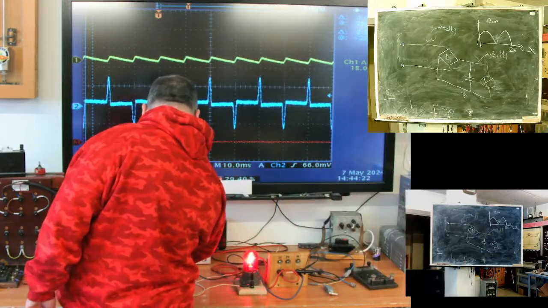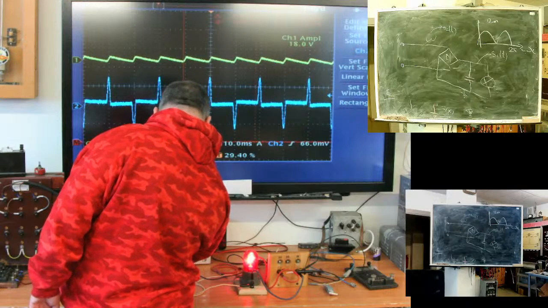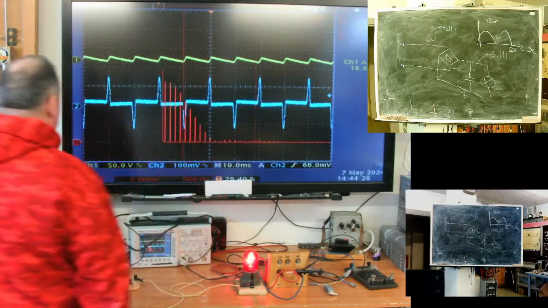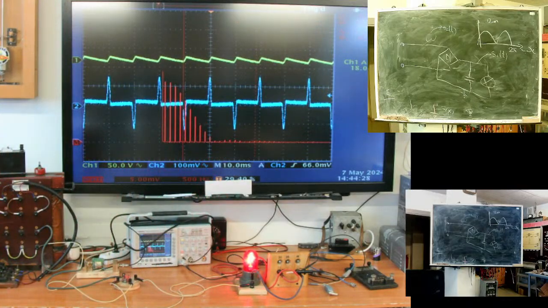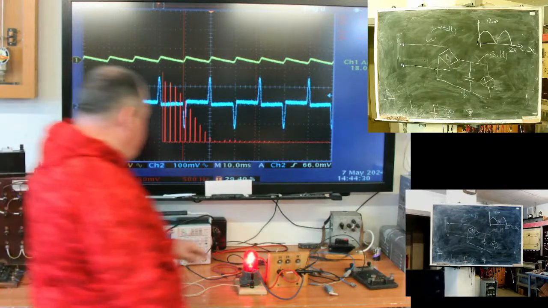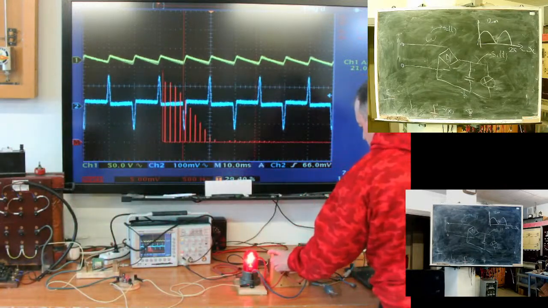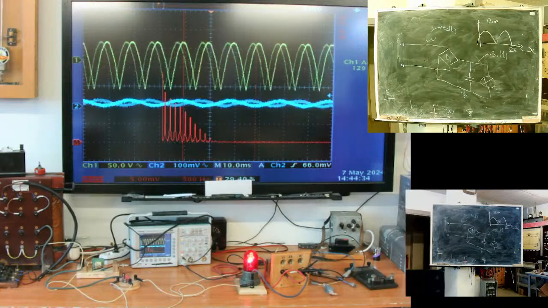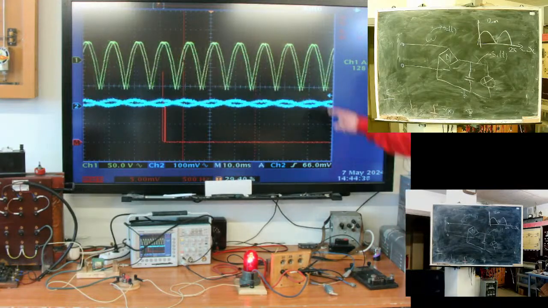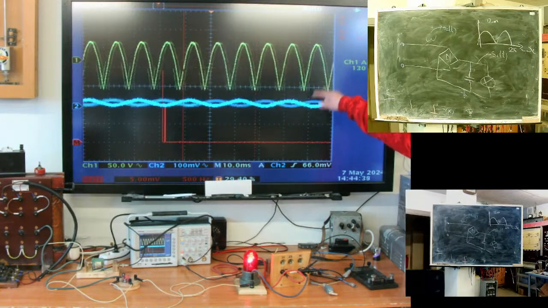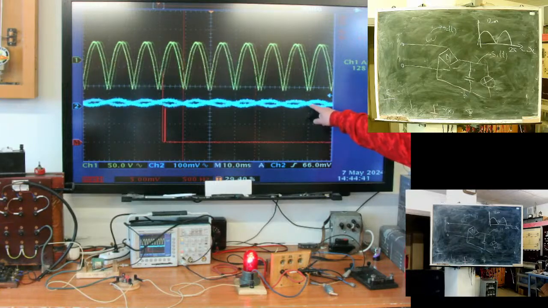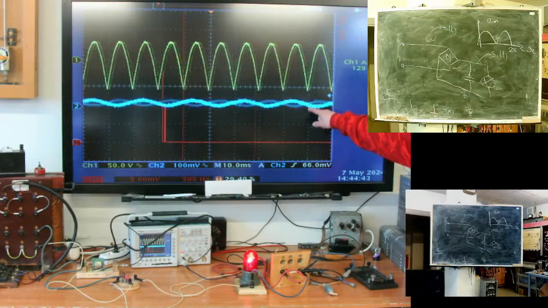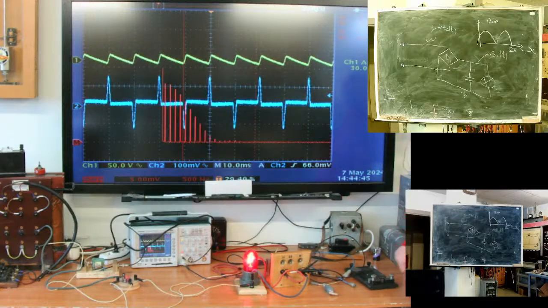Let's switch. What about the blue line? Without filter, ripple is high, yeah. But the primary current is harmonic. 40 microfarads of filter.